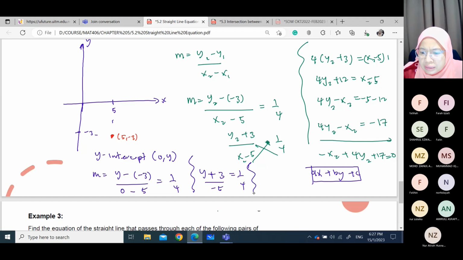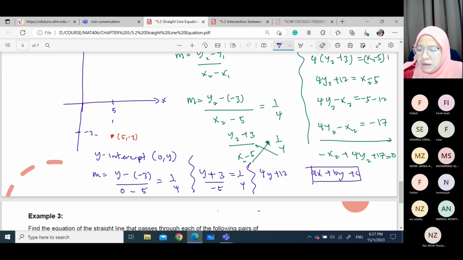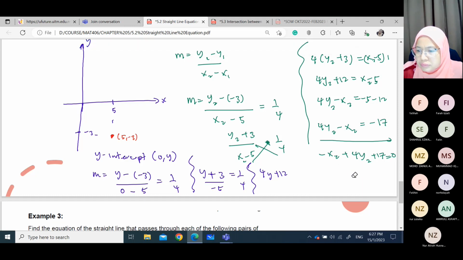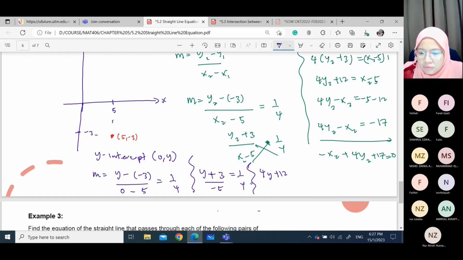So cari nilai y dekat sini. So kita akan dapat 4y plus 12, equivalent with negative 5. Okay, negative 5.